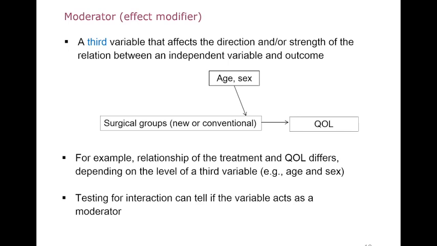And if you feel this is a moderator, what do you do? You do subgroup analysis. So in this case, you analyze the effect of surgery on quality of life separately in subgroups, stratified by age and stratified by gender.